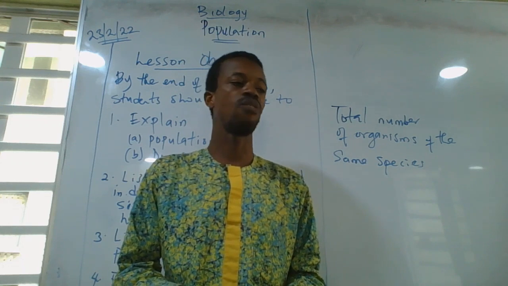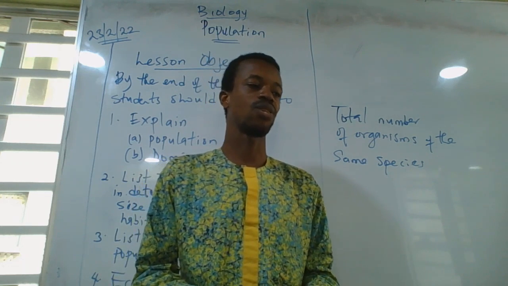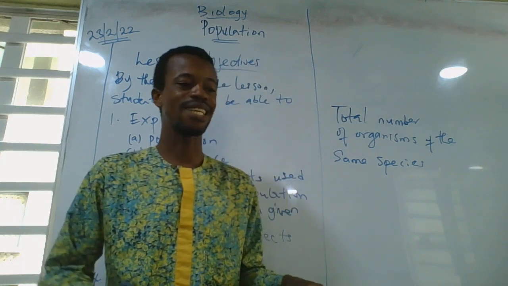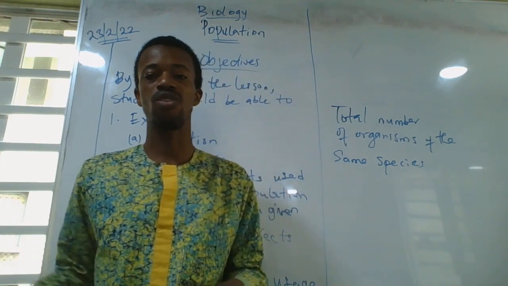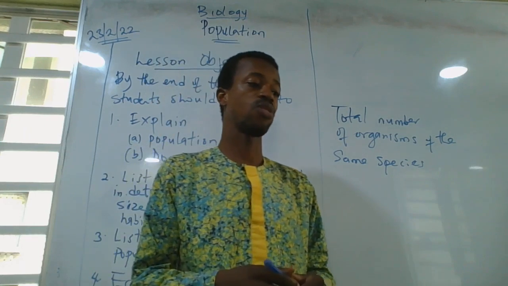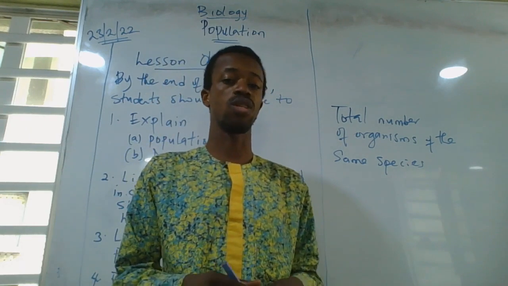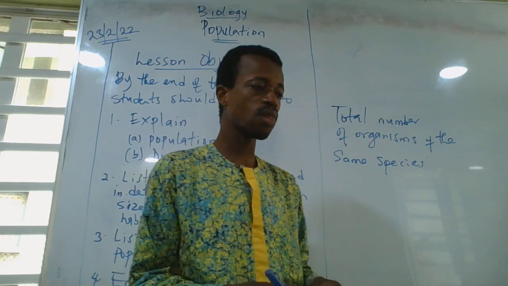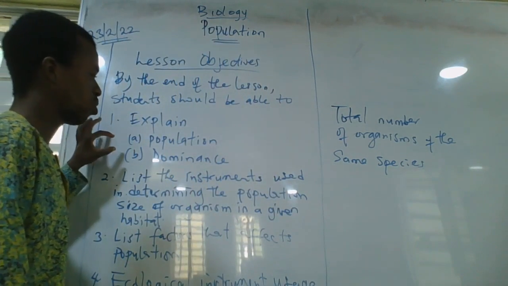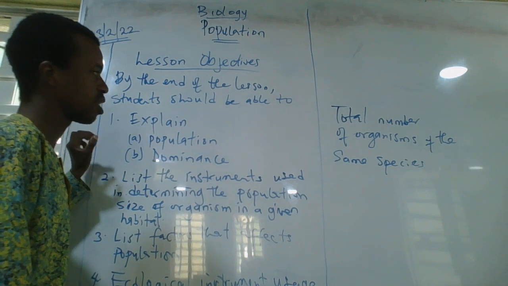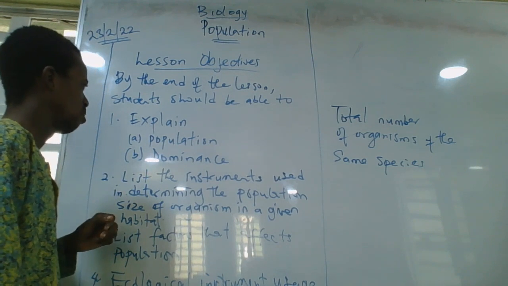He dominates over them. So we call that what? Dominant. So the species that exerts greater influence or a major controlling effect on the other members of the community is what we call dominant. So analyzing these two now, I've talked about population and dominance. So I believe that we understand what is meant by population and dominance.